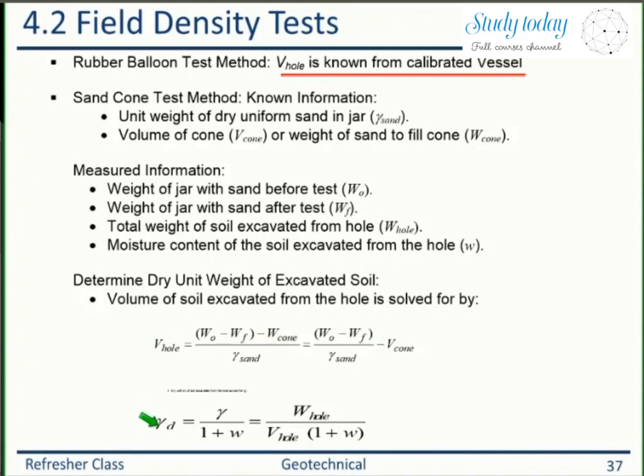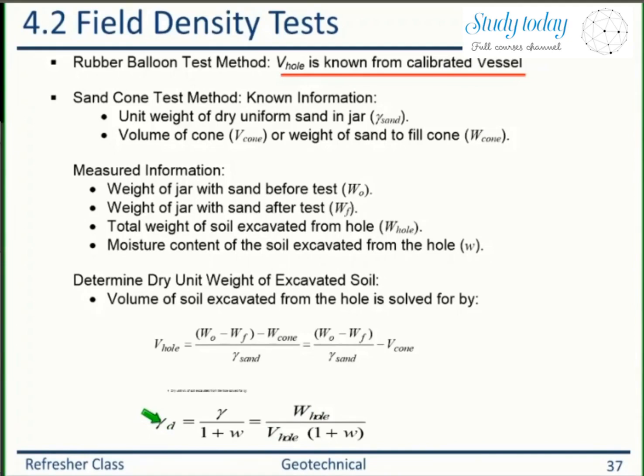Once the volume of the hole is calculated, your job is to calculate gamma D, the dry unit weight, because in compaction you always use gamma D, right? Gamma D is the total unit weight divided by 1 plus moisture content, and the total unit weight is the total weight of the soil divided by the total volume of the soil, the volume of the hole. This is the gamma D calculated from the field value, and the gamma D of the same soil sample will be determined in the lab.